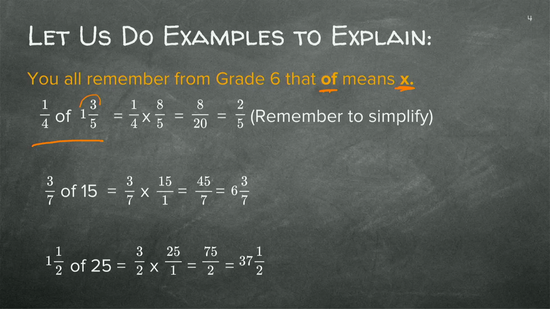Now we're going to change this mixed number into an improper fraction. 1 times 5 plus 3 is 8/5. So all we have to do is multiply the numerators together, which is 8, and the denominators, which is 20. So the answer is 8/20.